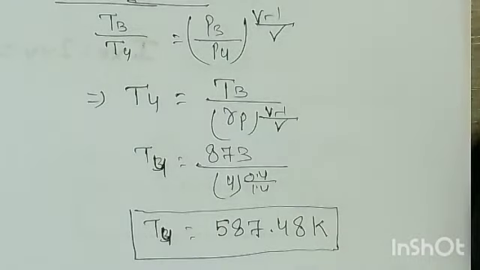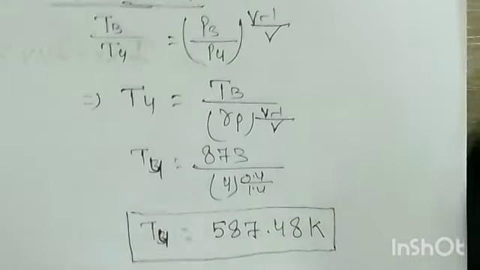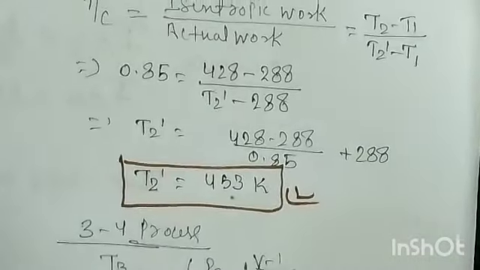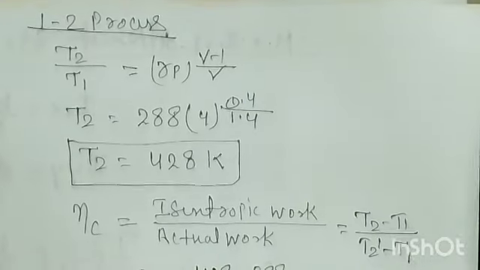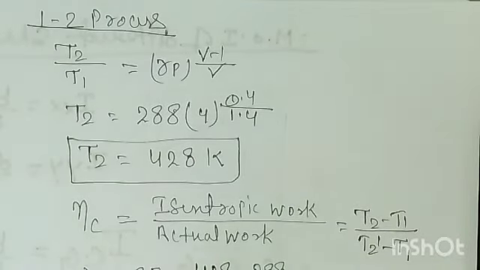This is the ideal temperature we calculated. Now we'll find the actual temperature, and for that we use the turbine efficiency. Turbine efficiency is the reverse of the compressor efficiency, meaning actual work by isentropic work.